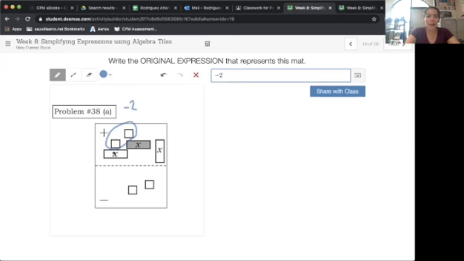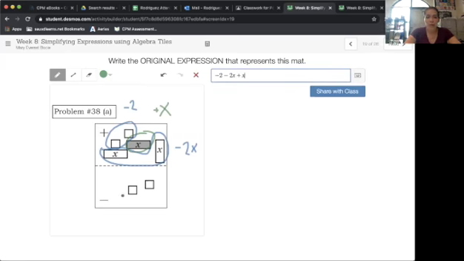And then now I also see two X tiles that are not shaded. So that means that they're negative. So these are two negative X tiles. So -2X. And then I also see a positive X tile. So that's a positive X. So I'm gonna put plus X.